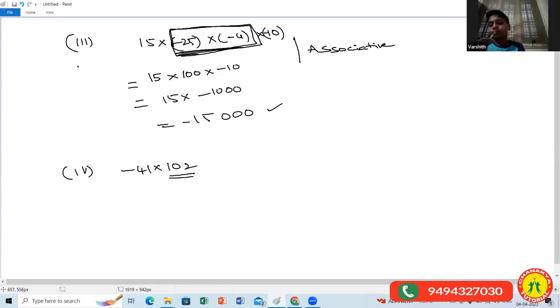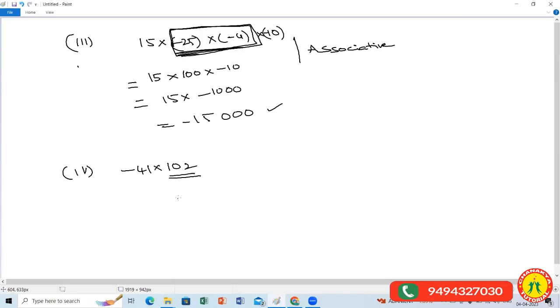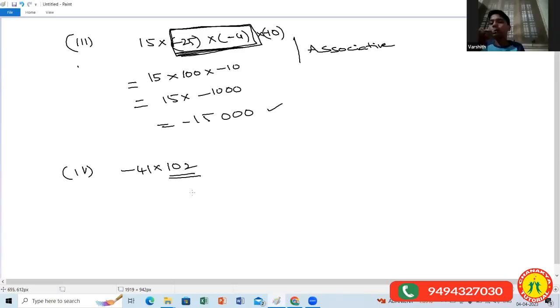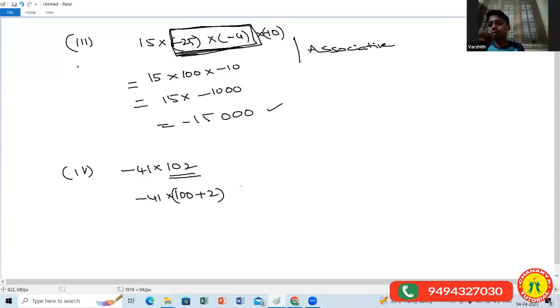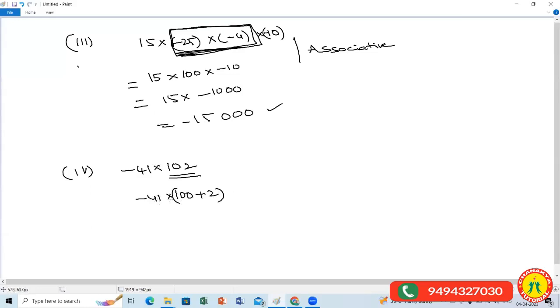Ma'am, instead of that, can you expand 1 or 2? 100 plus 2, ma'am. Excellent. 100 plus 2. So which property can I use here? Associative, ma'am? Both operations, multiplication and addition, are there.